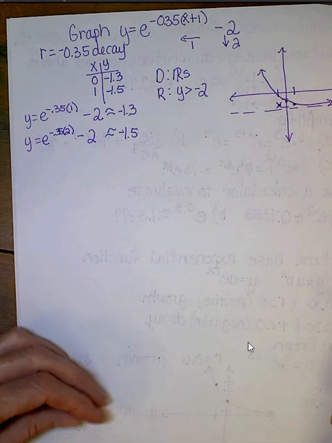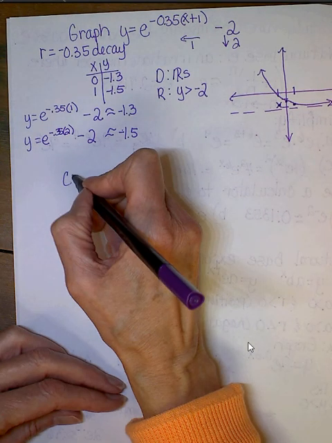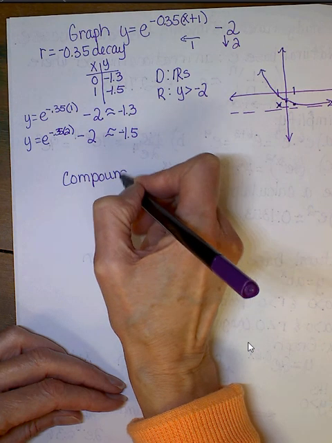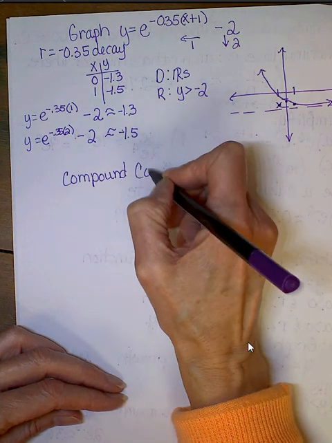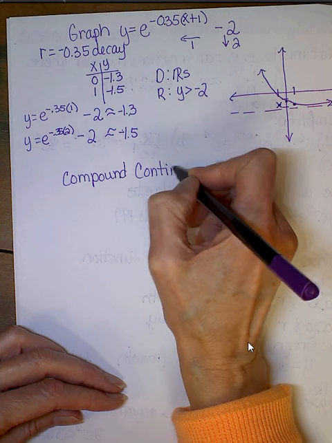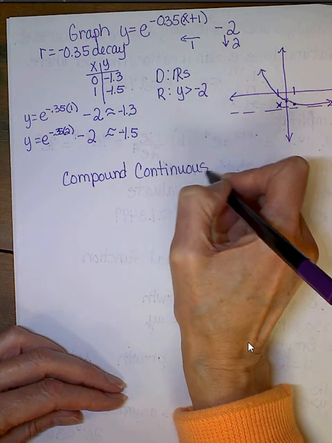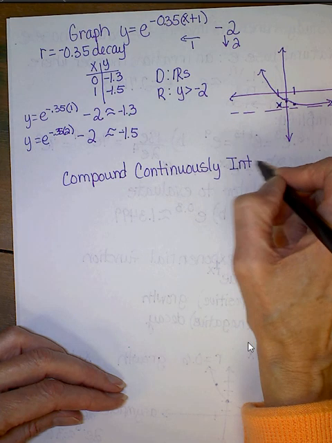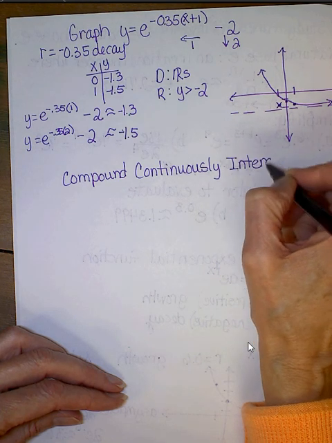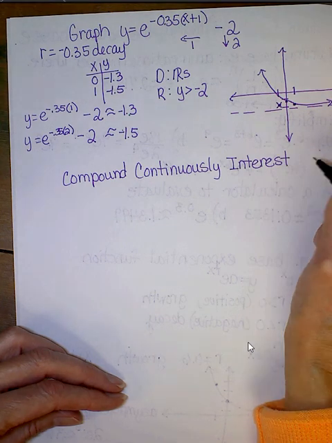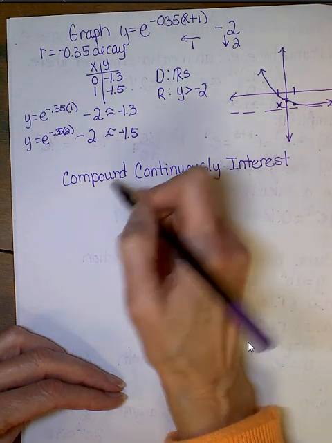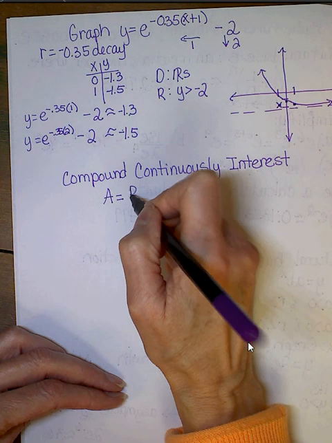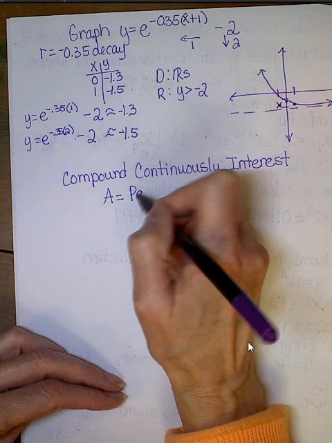Okay, and then e is also used in an interest formula. When interest is compounded continuously, you were using different compound periods before, and so you used the other interest formula that we had. This one we're going to use has the number e in it.